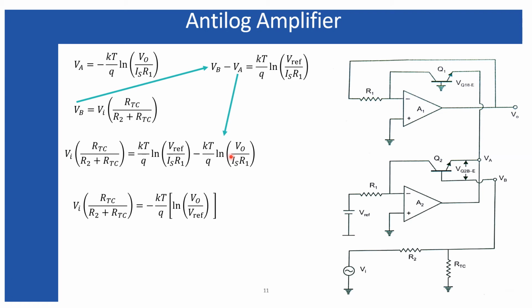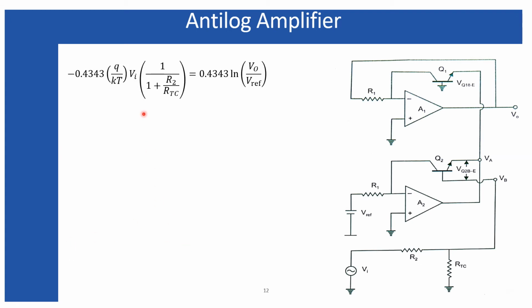Next, after a little rearrangement, I should have this expression, and from here, if you multiply 0.4343 on both sides of this expression, then I can write this natural logarithm as the log of base 10. Except for Vi, which is the input voltage, I should represent the output voltage in terms of the input voltage.